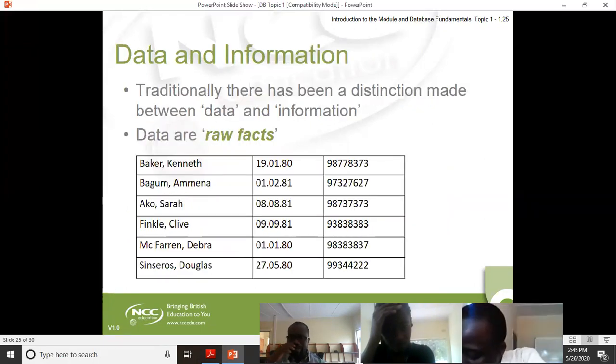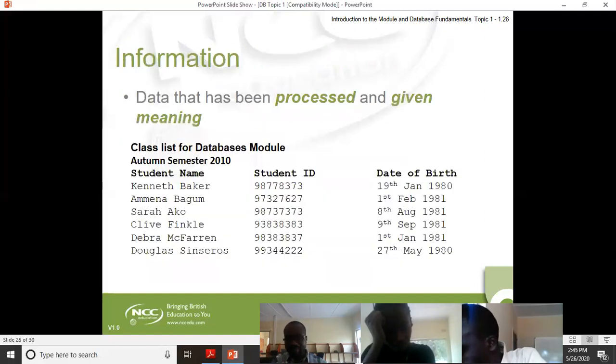What you are given in the first one is just data. It's not making much sense until it is processed. So that table there is now processed. Student name as a field name, it's there; student ID, it's there; date of birth, it's there.